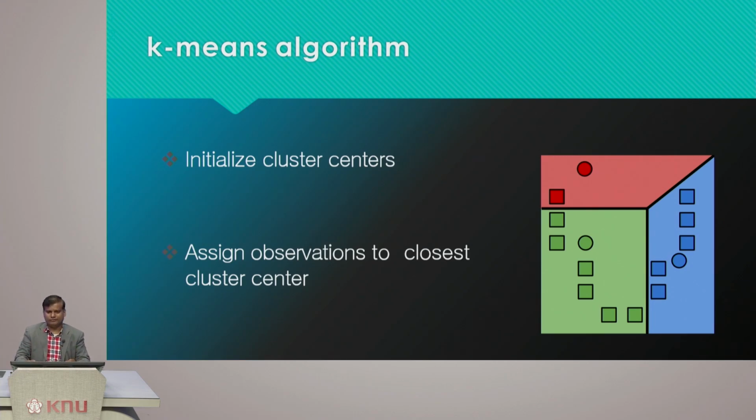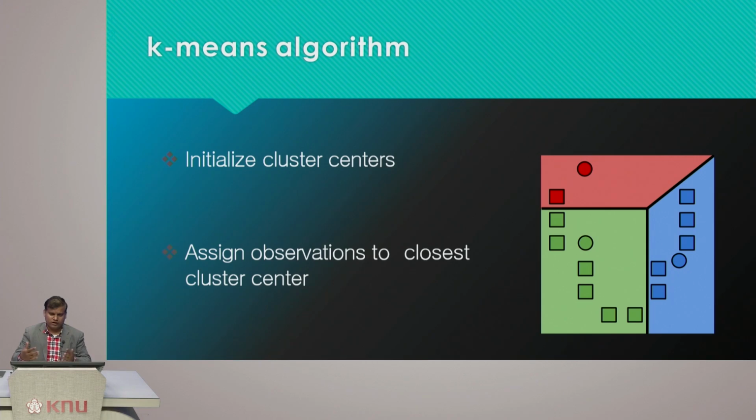Our next step is assigning the objects to the closest cluster center. From this observation we can see that the red circle is close to this red square, so we group that together, and the remaining blue and green have been grouped together as well.